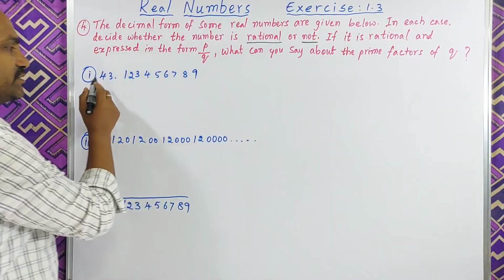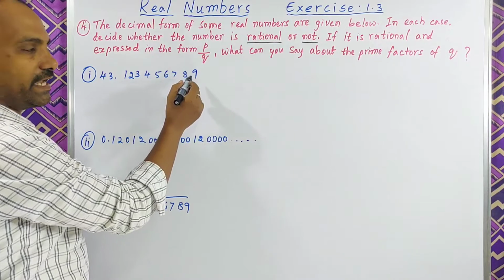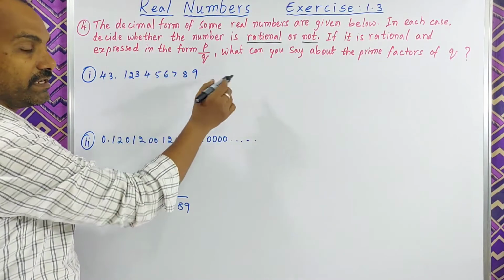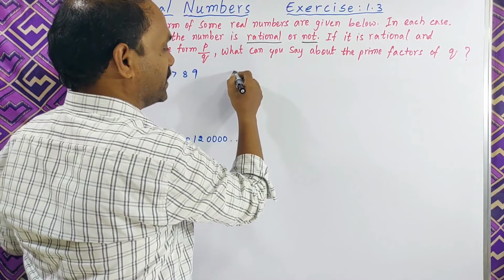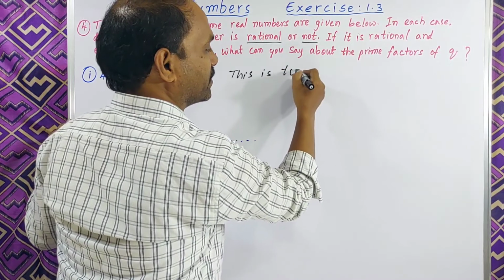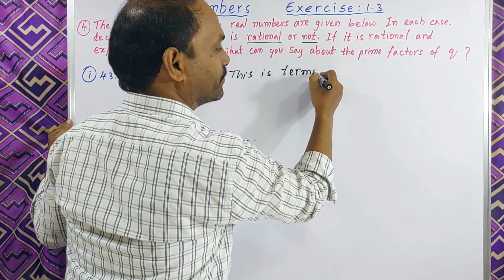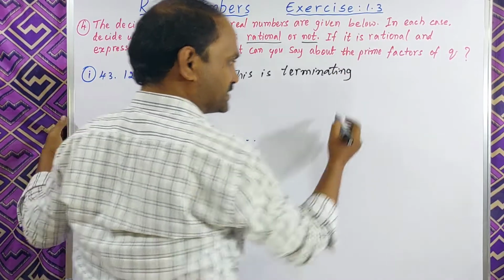Okay, let us check the first one. 43.123456789, and it never ends here. That's why this one is terminating. It is a terminating decimal.